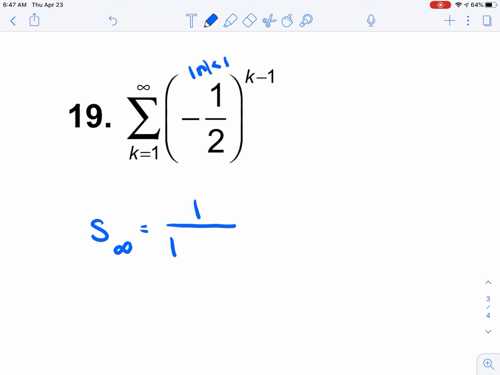Then I need to do 1 minus the common ratio, which in this case is -1/2. So if I make this a plus sign down here, I get 1 plus 1/2. I get 1.5. If you'd rather, you could think of that as 3/2, because then when I do 1 divided by 3/2, it's the same thing as 1 times 2/3. I get a sum here of 2/3.